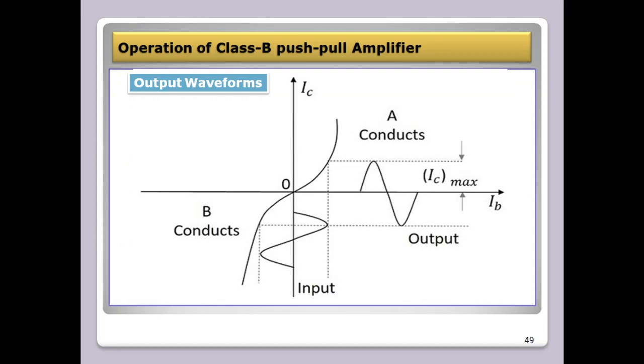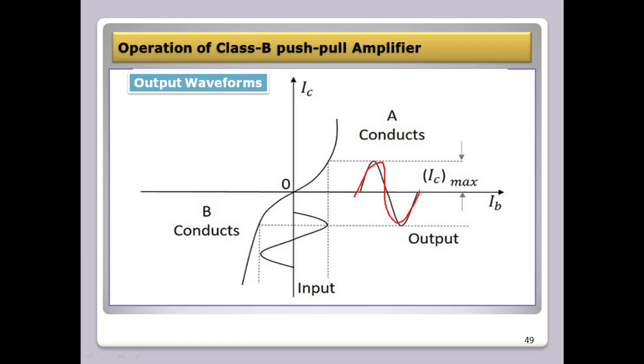The output waveform for class B push-pull operation is now a full cycle, because 180 degrees for transistor 1 and 180 degrees for transistor 2. Because of this class B push-pull operation, there is no loss in the signal.